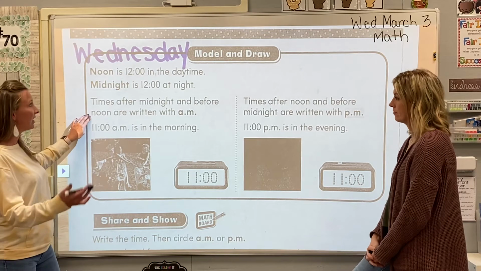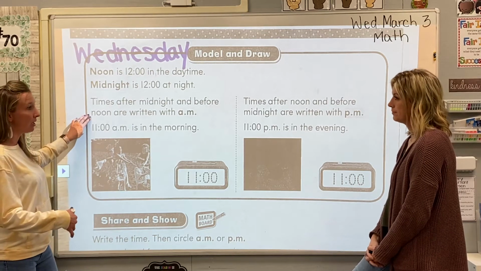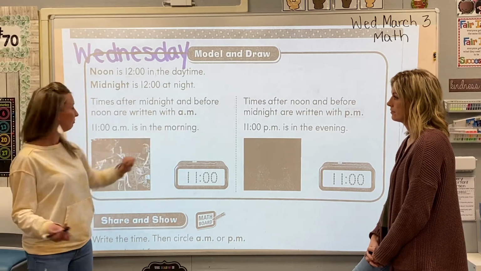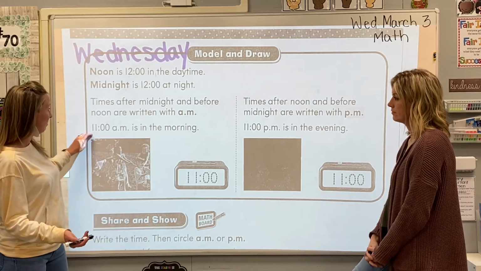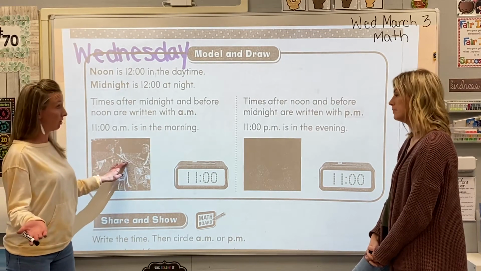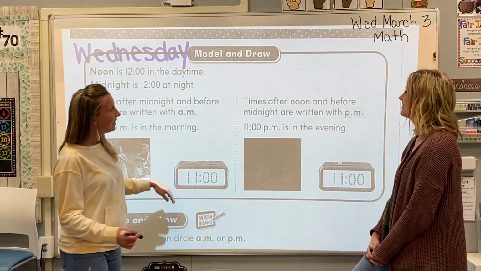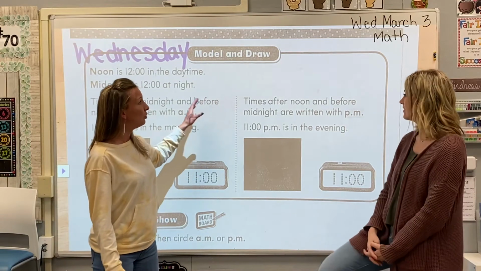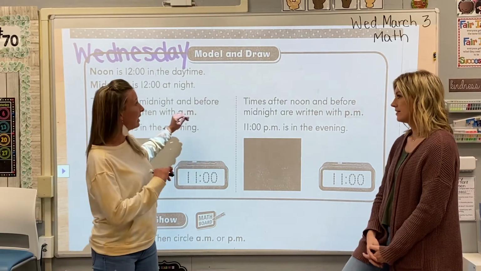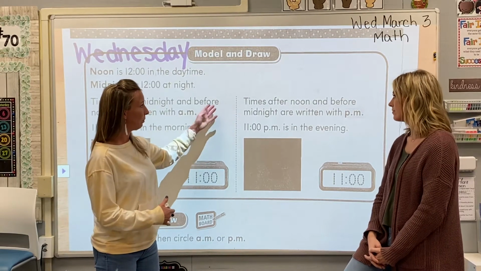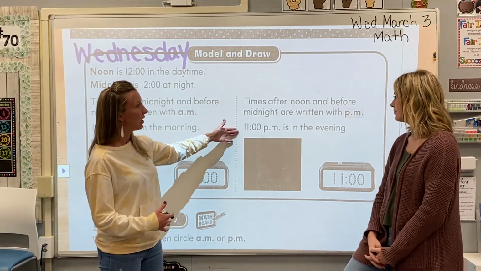So all of our morning times, beginning at 12 o'clock, are AM. 11 o'clock AM is in the morning. Okay. All right. In fact, we have a reading group at 11 o'clock. We do. AM. Yeah. And then it says times after noon, so like after you eat lunch, and before midnight are written with PM. 11 o'clock PM is in the evening.